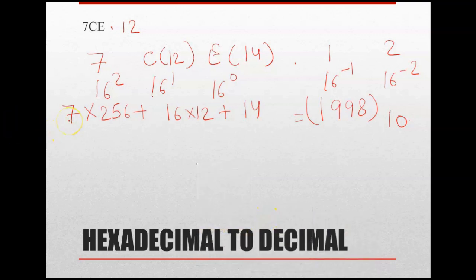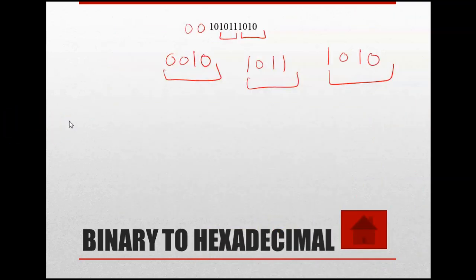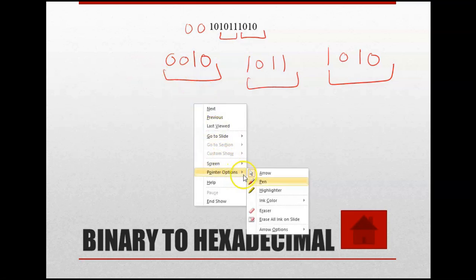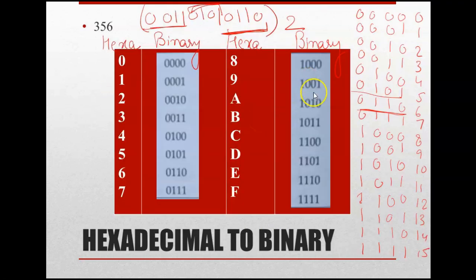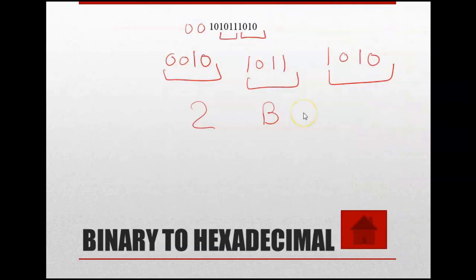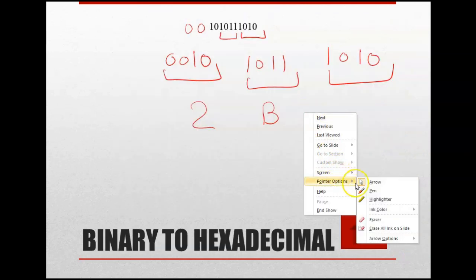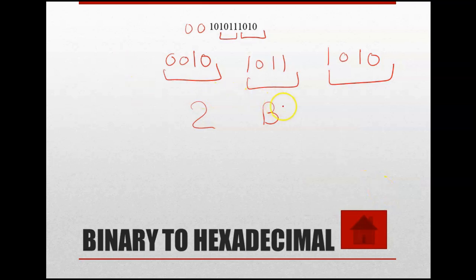Then 1, 0, 1, 0 is what? 1, 0, 1, 0 is A. Okay, so here you will write A. So this is the hexadecimal conversion of the given binary number, 2BA, which is in hexadecimal form.